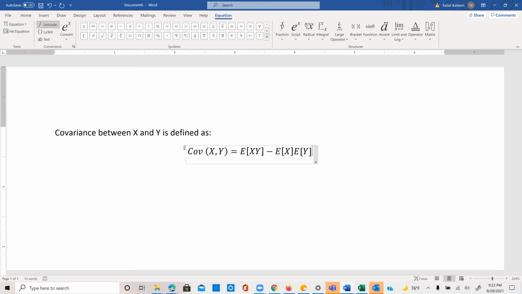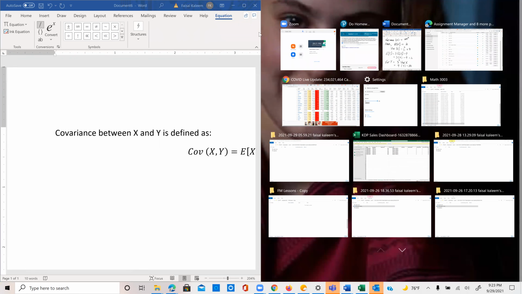And the symbol for it is a lowercase sigma.